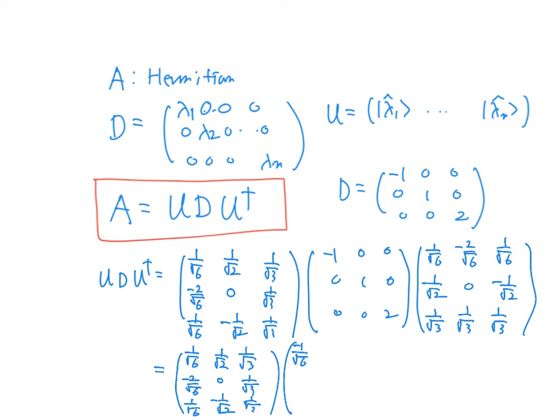Square root of 2, right? And finally, this and this, 2 over square root of 3. And this and this gives 2 over square root of 6.